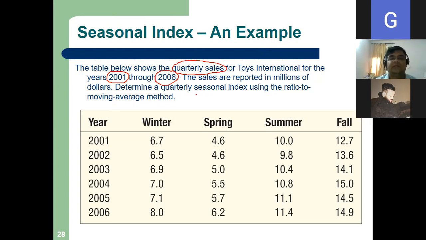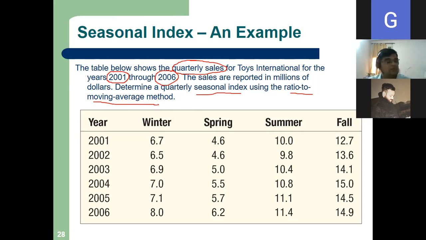Determine a quarterly seasonal index using the ratio to moving average method. So what we are going to do here is find the seasonal index using the ratio to moving average method.